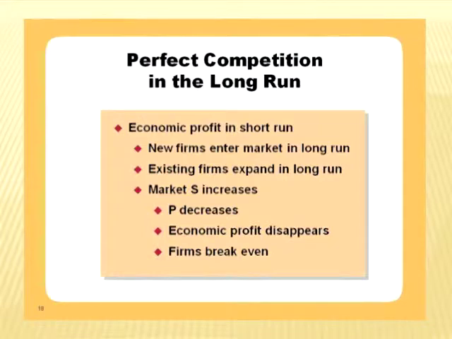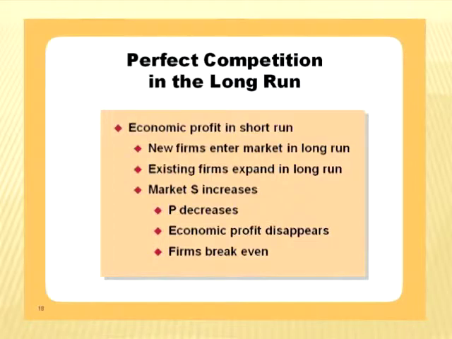Likewise, Farmer Brown might decide to expand his level of operation as well. That is, he has some fields that he's been growing other things in. He might decide to abandon all of that and grow nothing but wheat. As the price decreases, however, the result is it eradicates the economic profit, and ultimately the firms just break even.